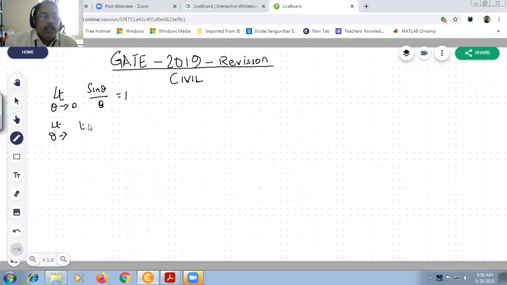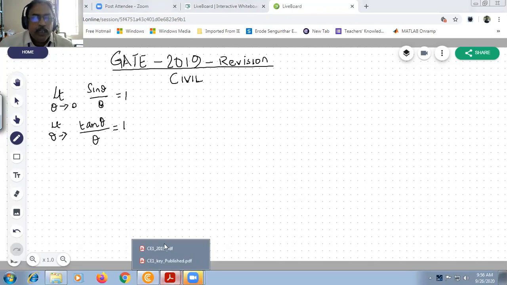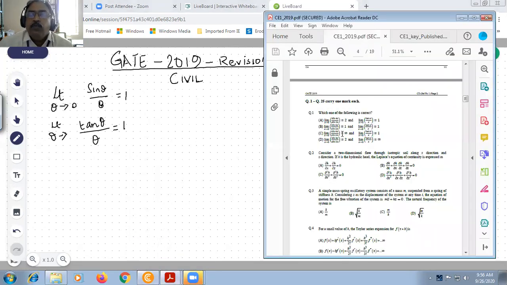This is a known result, and I have already told you that you have to keep some rudiments and fundamentals in memory. See the question, you have 4 options. Which of the following is correct? The limit as x tends to 0 of tan x by x equals 1.